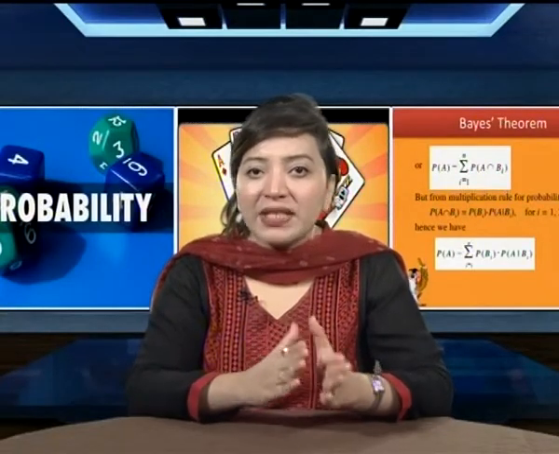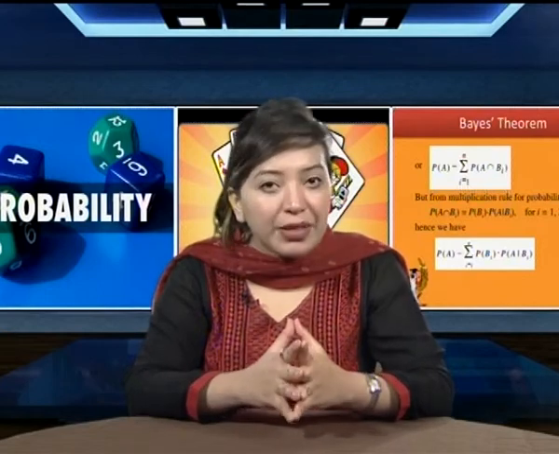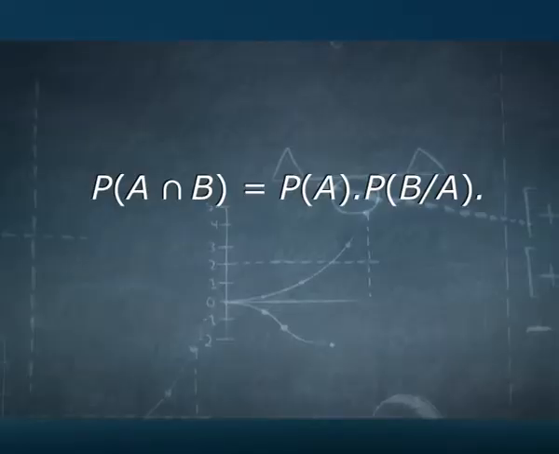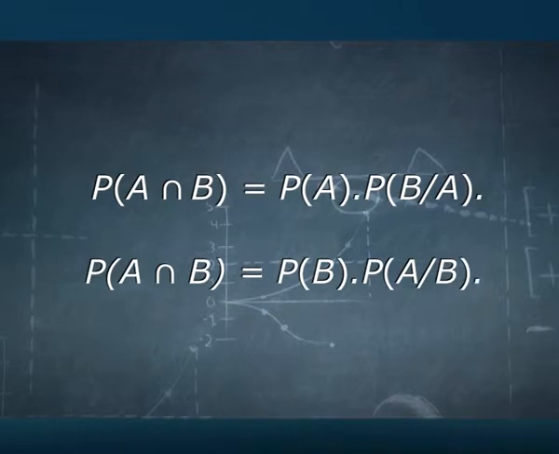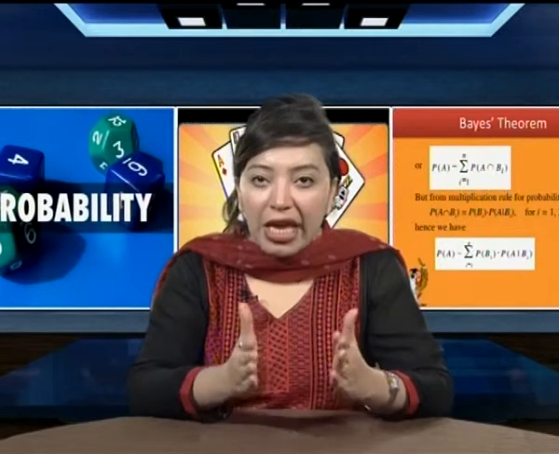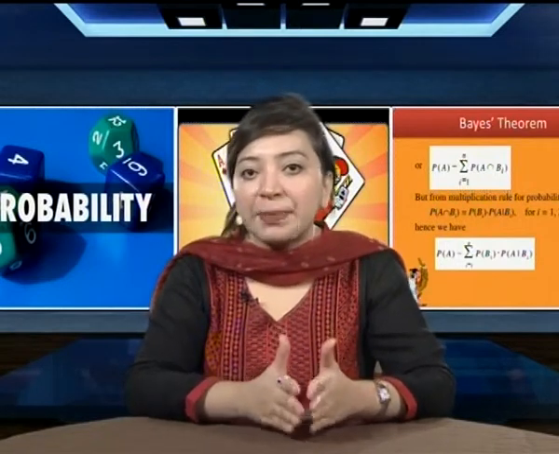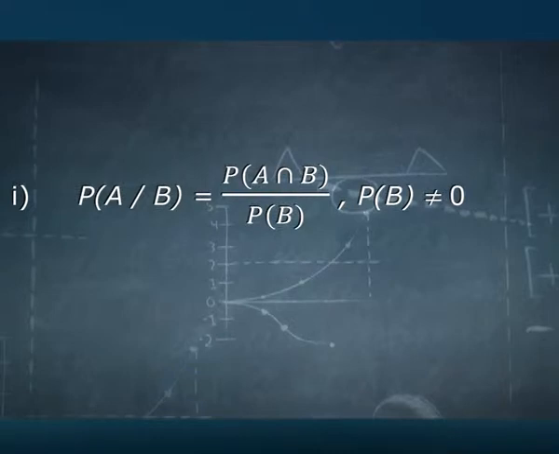Now multiplying both sides of the equation by probability of B, we have probability of A intersection B equals probability of A times probability of B given A. Similarly, probability of A intersection B is equal to probability of B times probability of A given B. So, if A and B are two events of a sample space S, then first, probability of A given B is equal to probability of A intersection B divided by probability of B, where probability of B is not equal to 0.